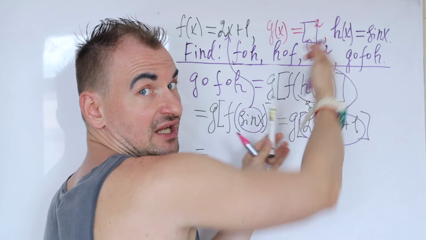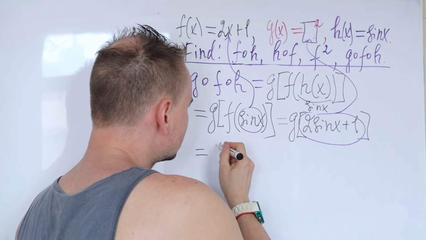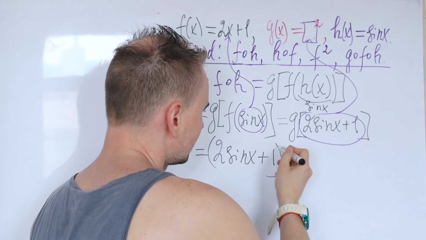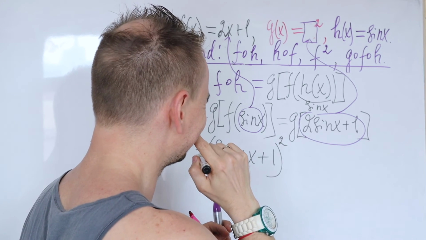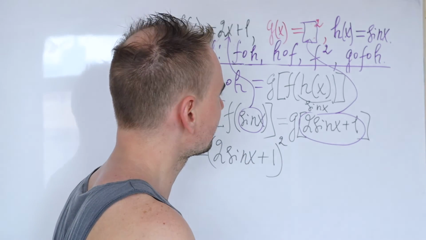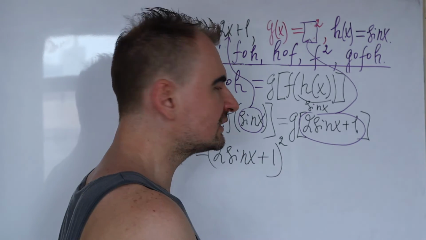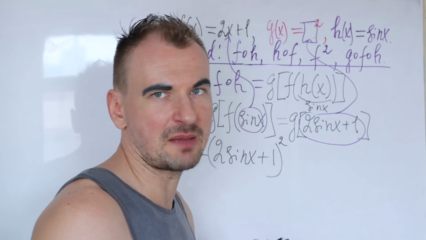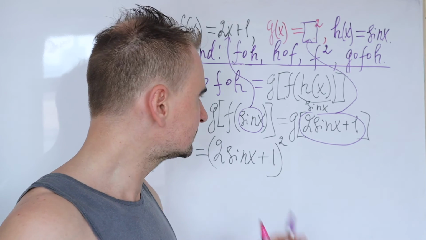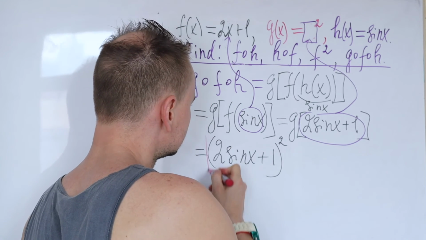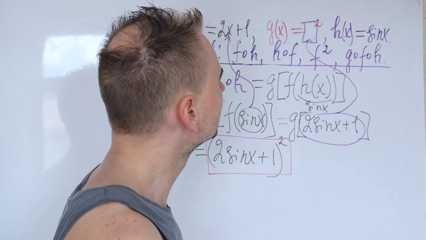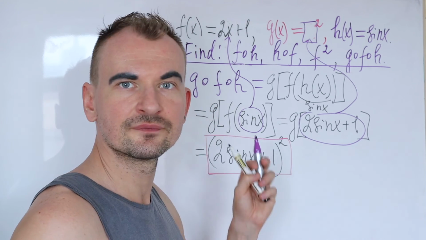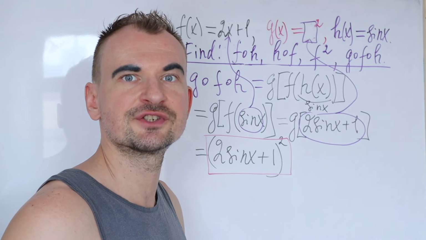So you have this squared outside. So you would simply get (2 sine x plus 1) squared. You could leave your answer like this. You don't have to open up the parentheses and expand it. It's totally fine. So this is your answer for that g f h composition.